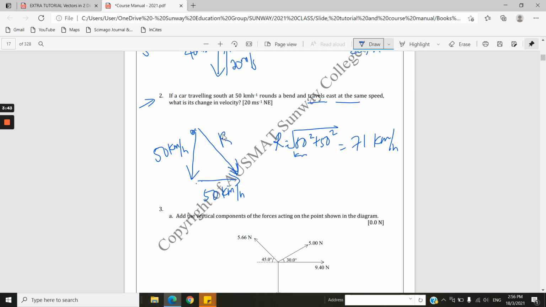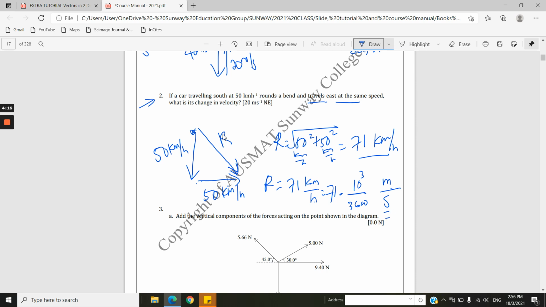This is kilometers per hour, but it is not an SI unit, so you need to change it. The SI unit for length is meter and for time is second, if you still remember. 71 km to meters is times 10 to the power 3, and per hour to per second is divided by 3600.